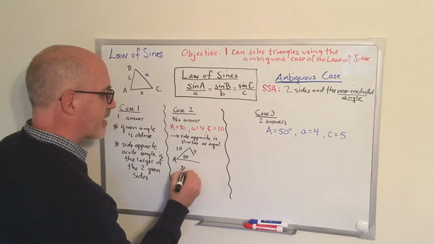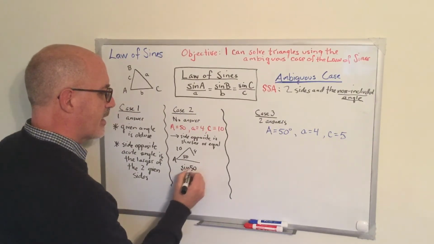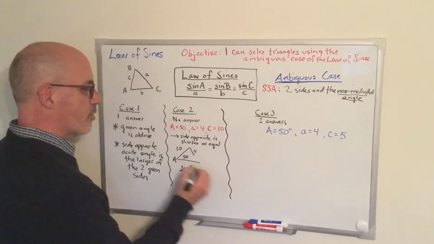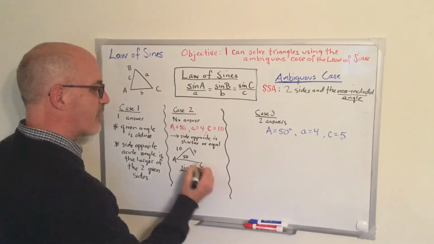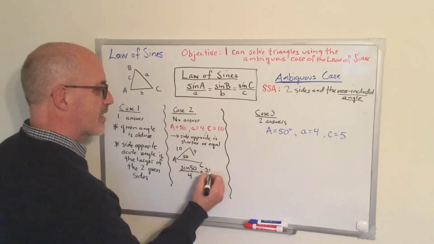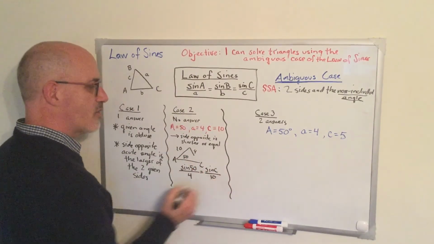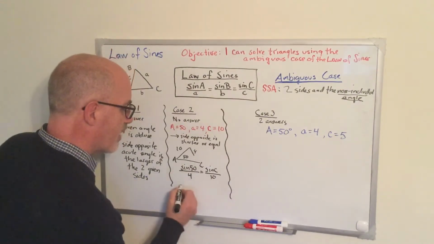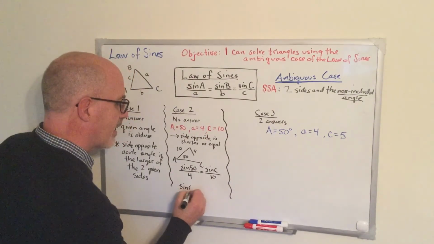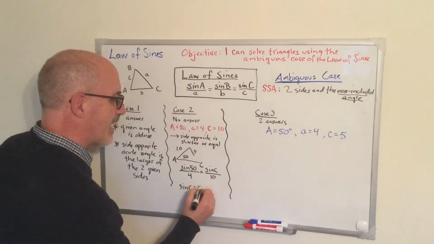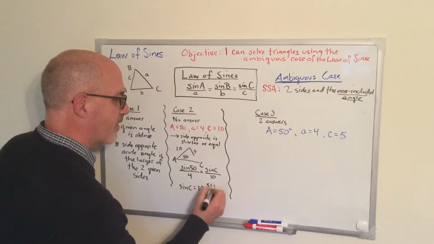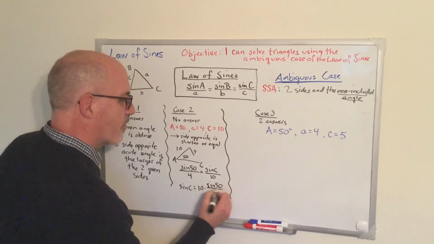If I have sine of 50 over 4 equal to sine of, we'll call this angle C over here, sine of C over 10, let's do our cross multiplication and solve. Sine of C is going to equal 10 times sine of 50 over 4.